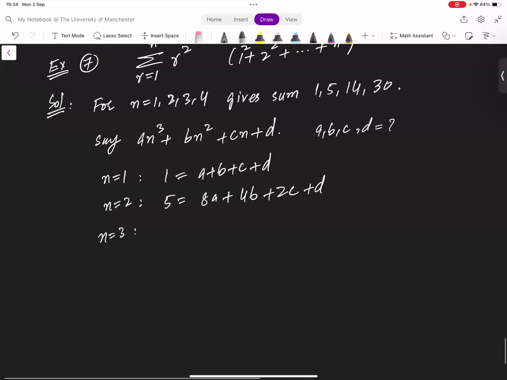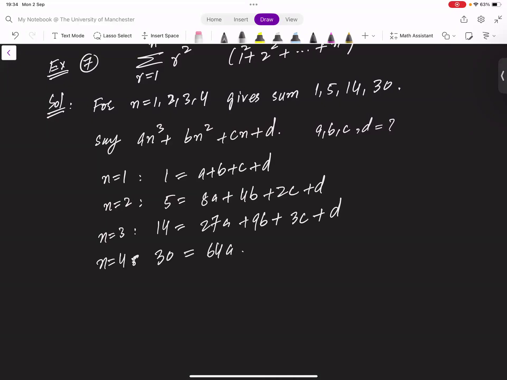For n equals 3: 14 equals 27a plus 9b plus 3c plus d. And for n equals 4: 30 equals 64a plus 16b plus 4c plus d. These are equations 1, 2, 3, 4.